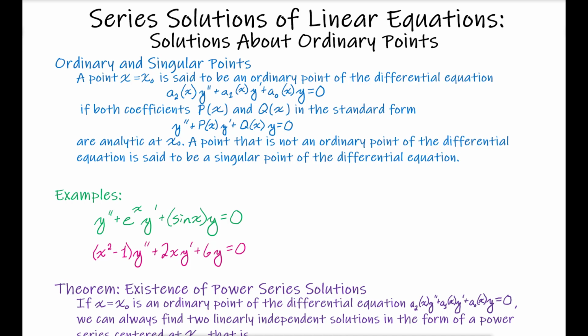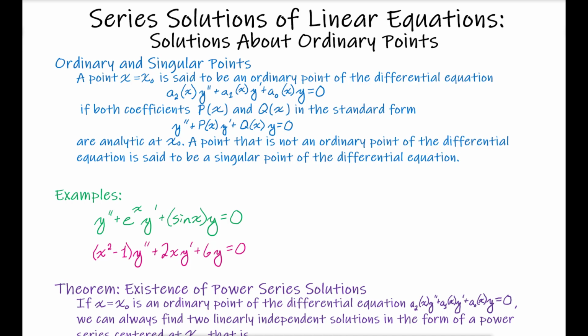Taking a look at my second example in pink, we have x squared minus 1 as our coefficient on our second derivative. So we need to put this differential equation into standard form before we can talk about whether the functions p of x and q of x are analytic or not, because we don't know what those are.